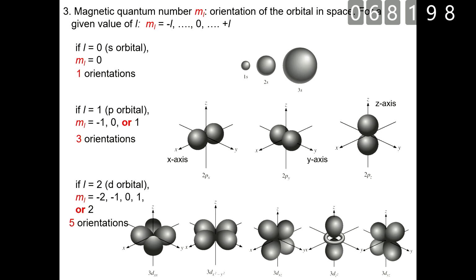Every direction is the same, so it's only one orientation. When L equals 1, we call it p orbital. It's like this, right? The shape. So when L equals 1, ML can be from minus 1 to plus 1.